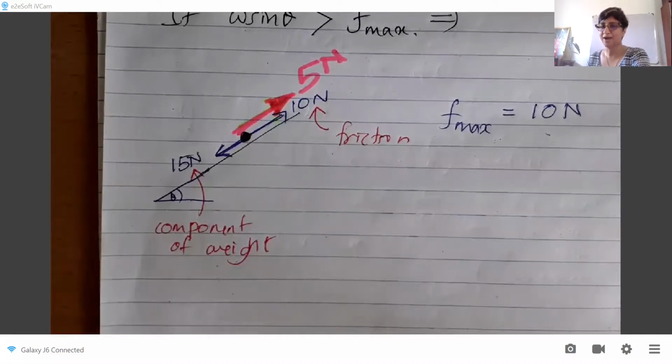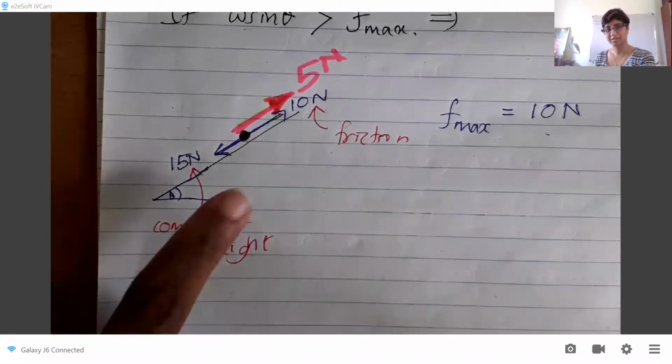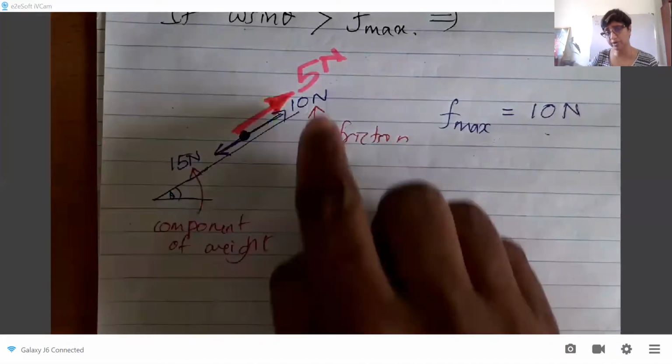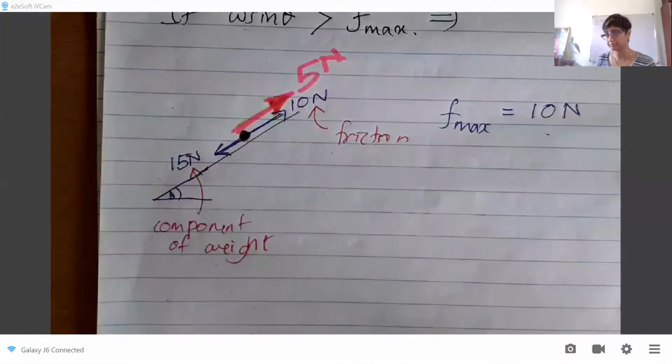Now tell me, for this scenario, the force that I need to apply on this object in order to keep it still is a 5 newtons force up the slope. Now tell me what will happen if I make this 4 newtons?